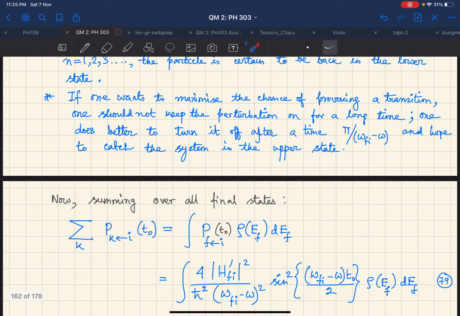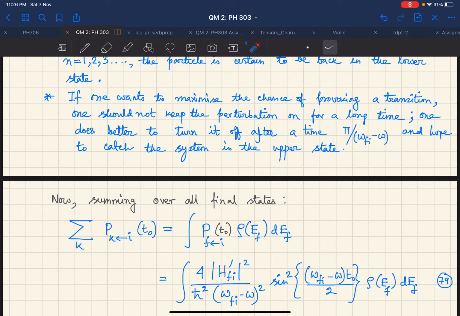Now, of course, you know that our final state may be discrete, or it may be a part of a continuum, and if it is a part of a continuum, then we have to sum over all final states. If your energy levels are part of a continuum, that means you are no longer having discrete energies, then of course the summation has to be replaced by the integration.